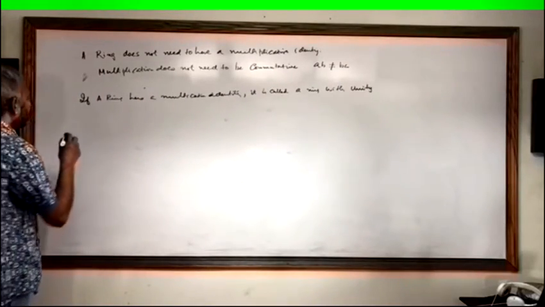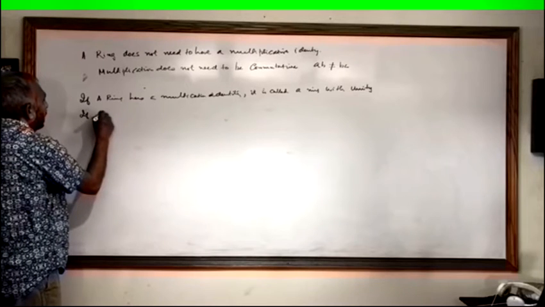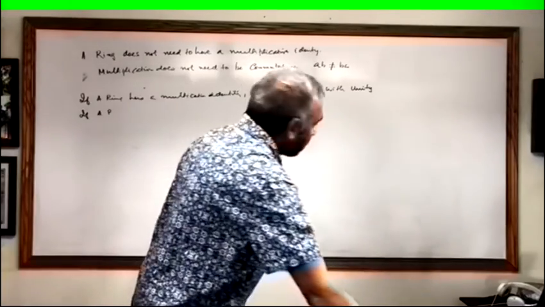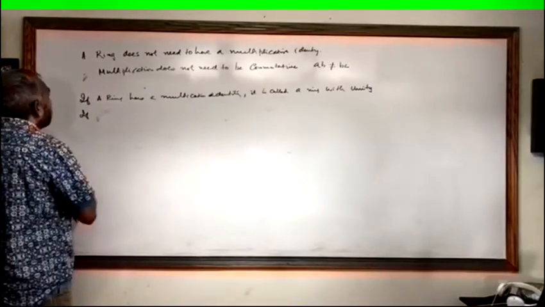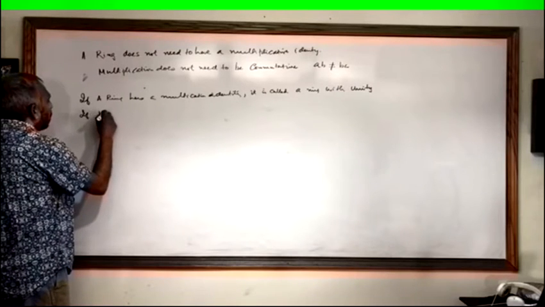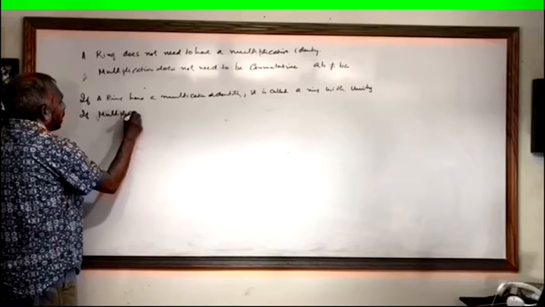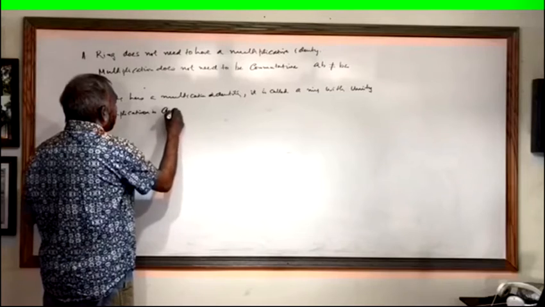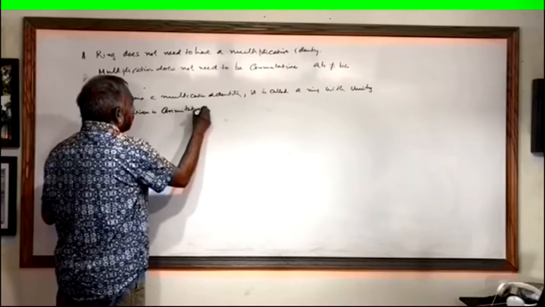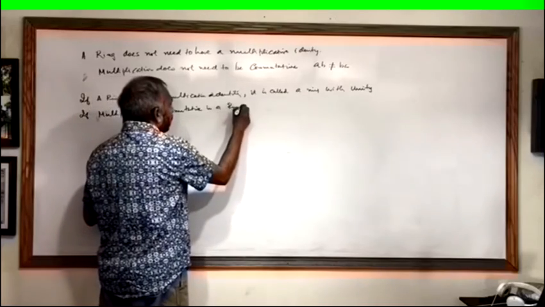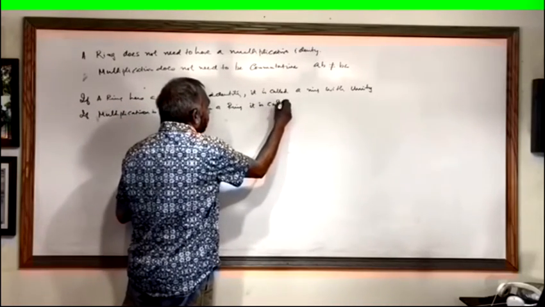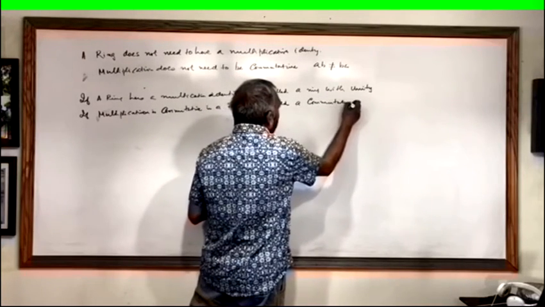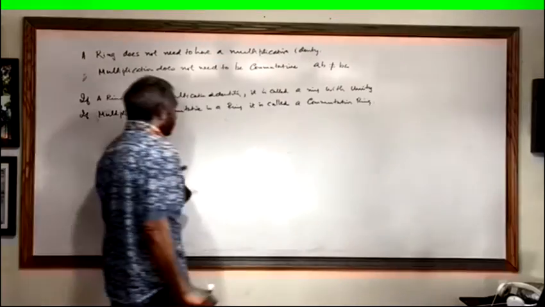And if multiplication is commutative in a ring, it is called a commutative ring. Okay.